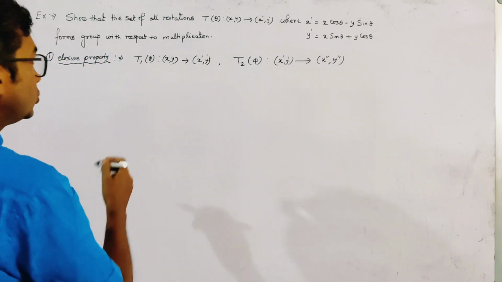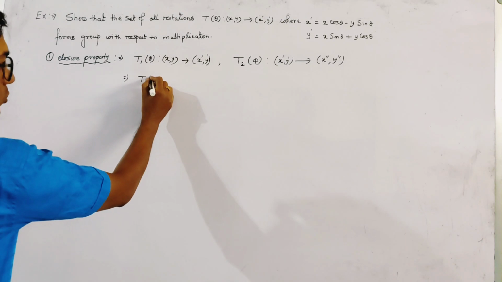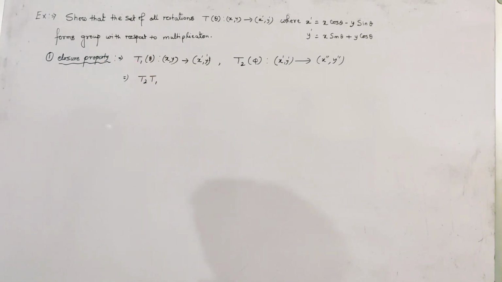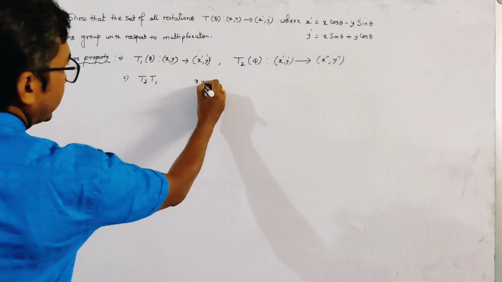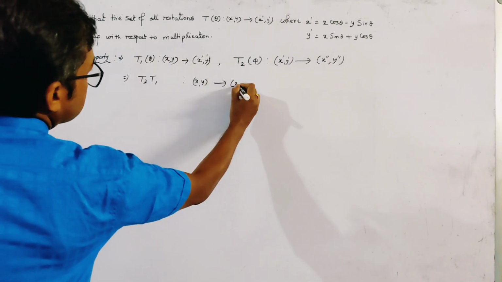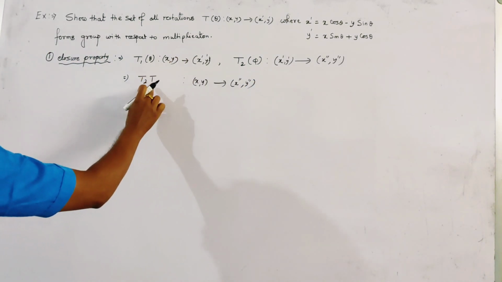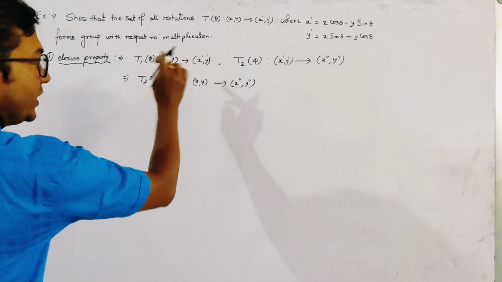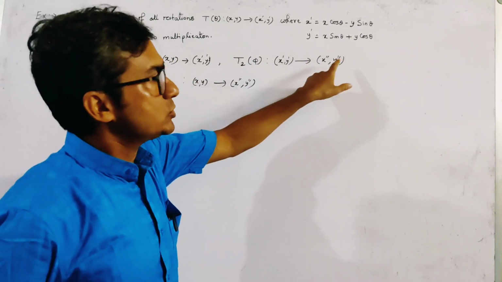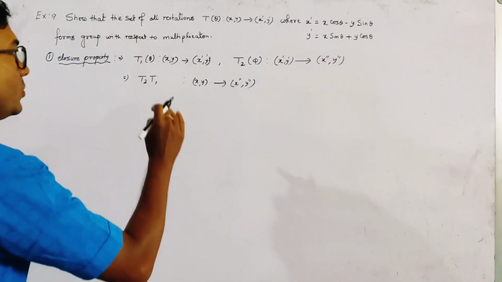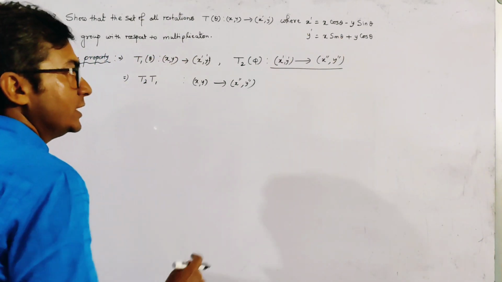Now the product of 2 rotations, T2 composition T1, is a rotation that transforms the point (x, y) to (x'', y''), because by T1 it is transformed from (x, y) to (x', y'), and by T2 from (x', y') to (x'', y'').